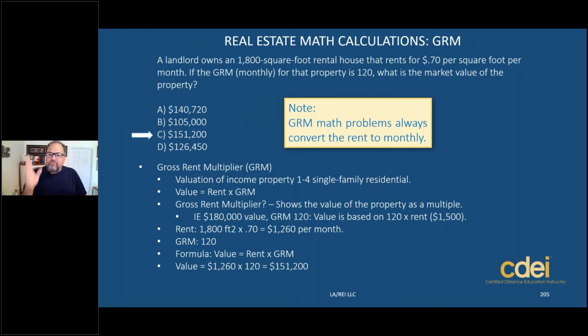It's very important that you pay attention to the unit of measurement. Is it annualized in the problem, and do I have to convert to monthly? Pay attention to that. Here, no problems, it's straightforward. It's monthly rent. But you may have an annual figure that you've got to convert to monthly. So always remember, on GRM math problems, always convert your rent to monthly.